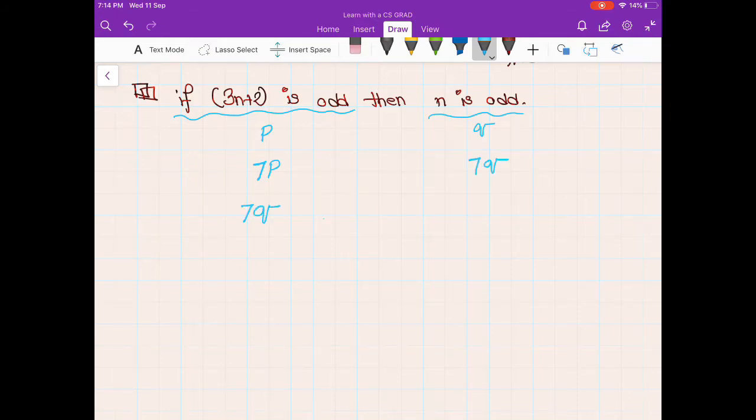So not Q and not P. Not Q means n is even, and not P means 3n plus 2 is even. Right?